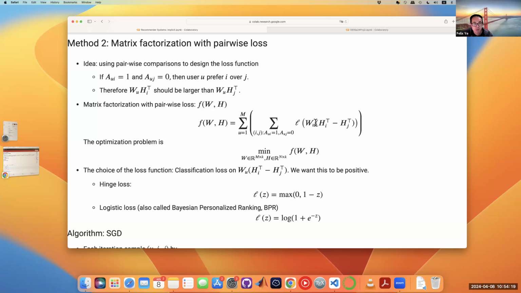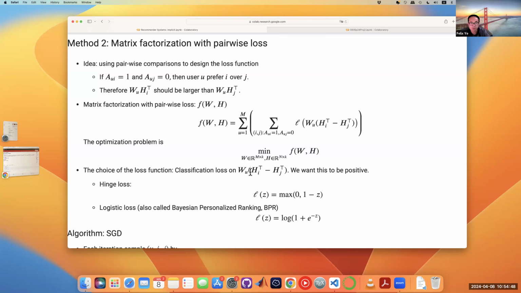So that means you want this whole thing to be as large as possible. So this is the key. That becomes an optimization problem. Actually, you can think of everything as a classification loss.